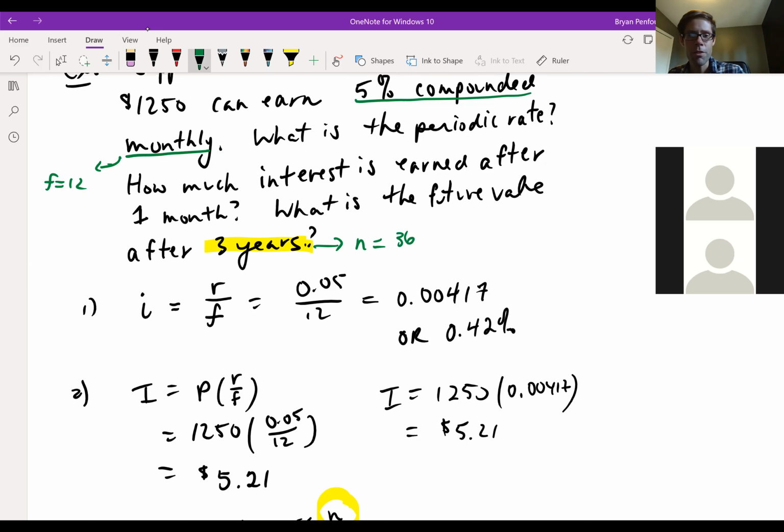N is equal to 36 because we're doing monthly interest over 3 years. So N has to be 36.